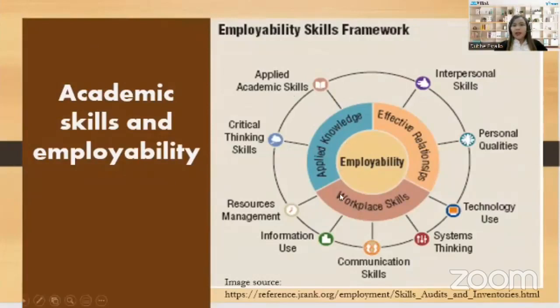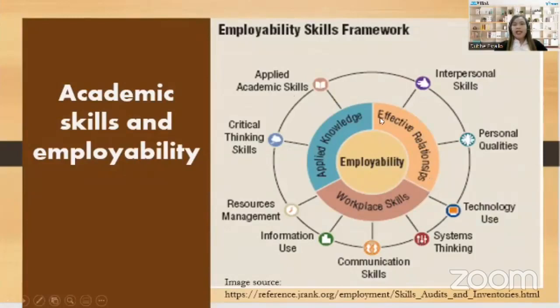Next to applied knowledge are the workplace skills that employers would like to test, which include resources management, their ability to make use of resources, which includes time, supplies, and even human resources wisely, information use, communication skills, systems thinking, and technology use.